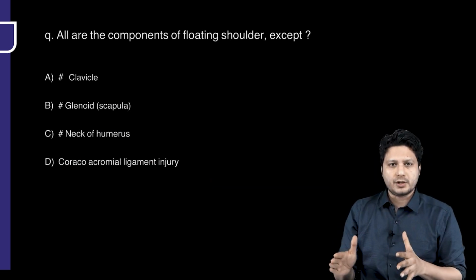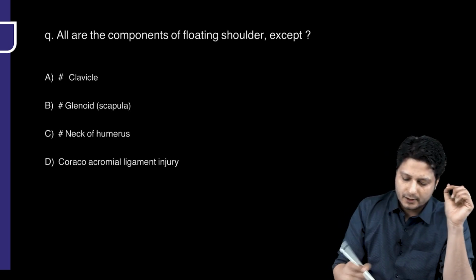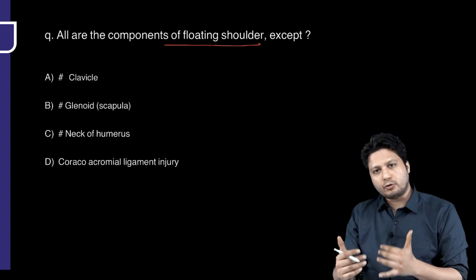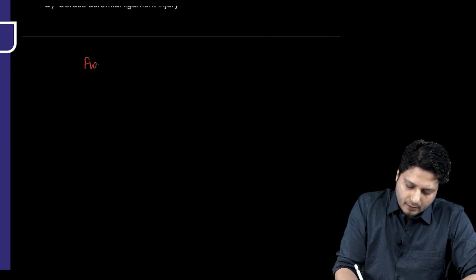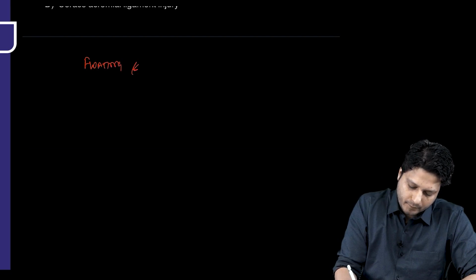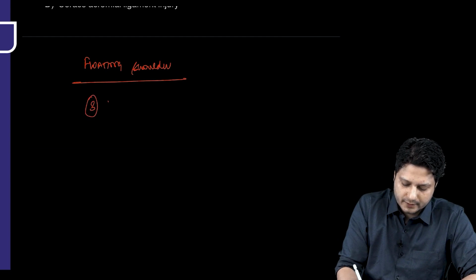Now, read out this question: all of the following are the components of the floating shoulder except. So the topic we are about to discuss is the floating shoulder. The floating shoulder has 3 components.